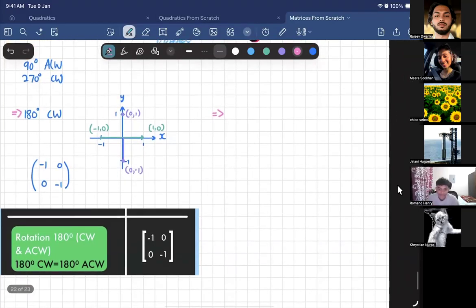All right. So Romano, let me look at 270 degrees anti-clockwise. Now, Romano, 270 degrees anti-clockwise is just what in disguise?